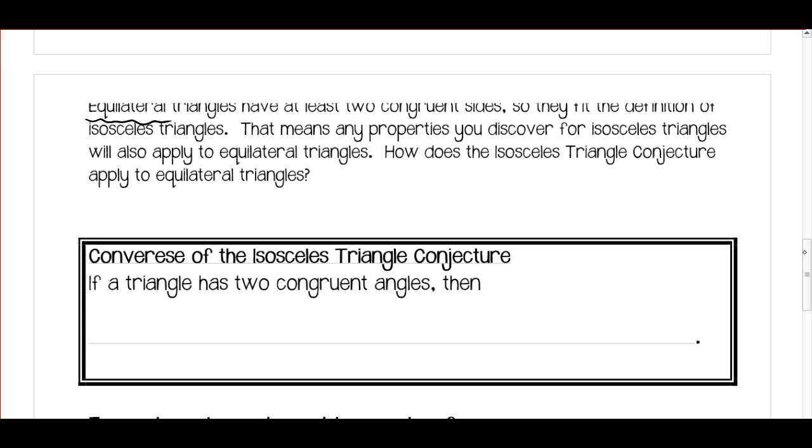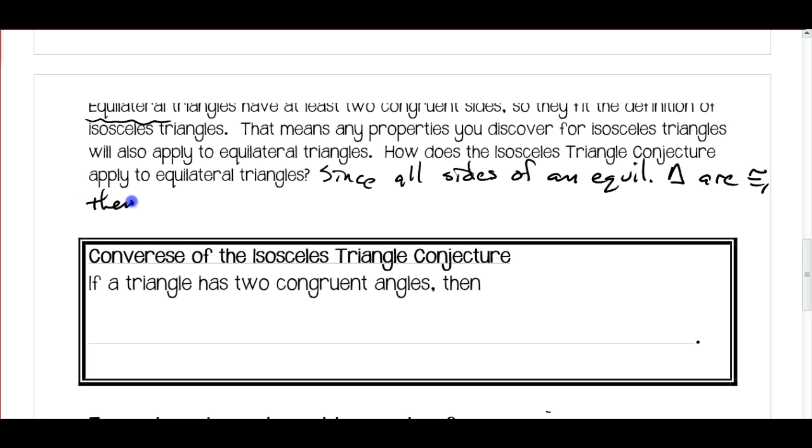Well, since all sides of an equilateral triangle are congruent, then all the angles will also be congruent.